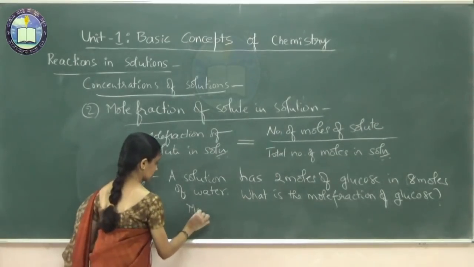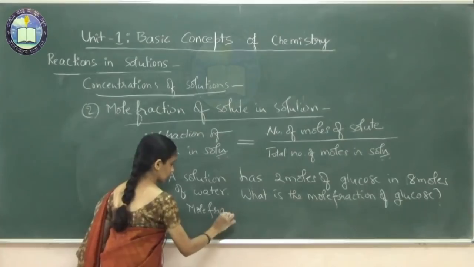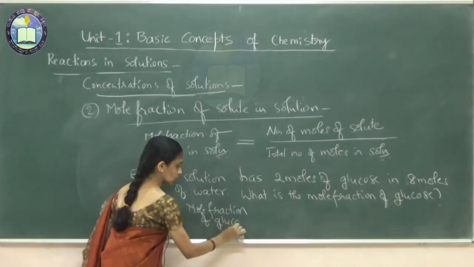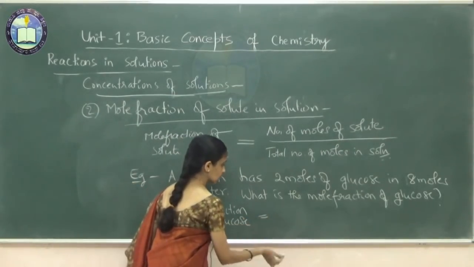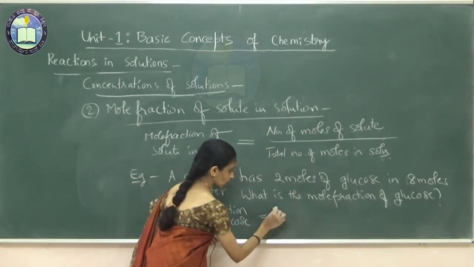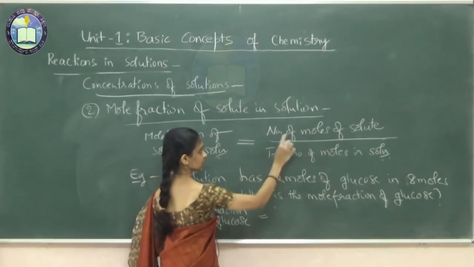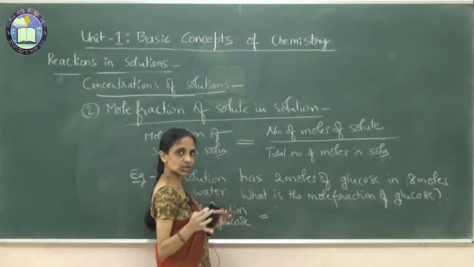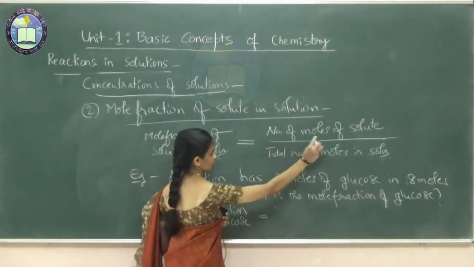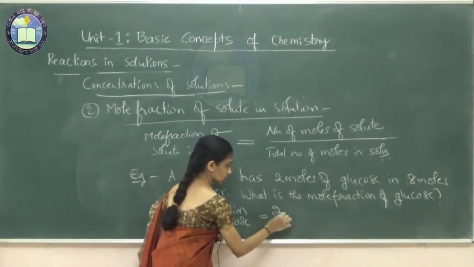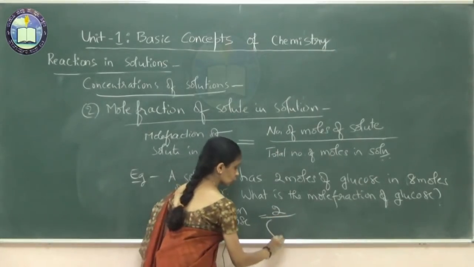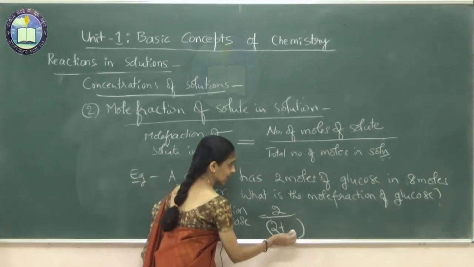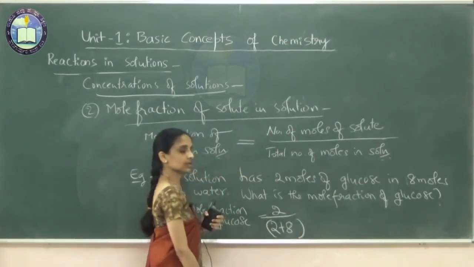Okay. Formula: mole fraction of solute, nothing but glucose, is equal to number of moles of glucose. Is it not? I will not write the formula again. You have to write it when you work out the problem. So, number of moles of glucose to total number of moles of glucose and water.